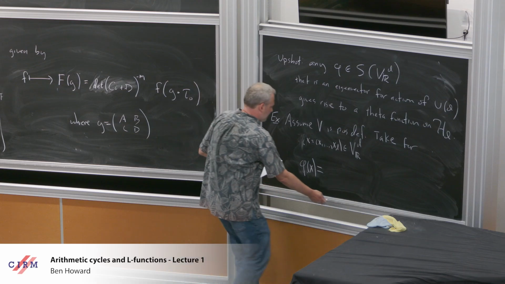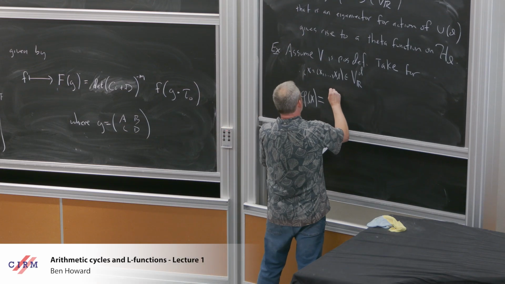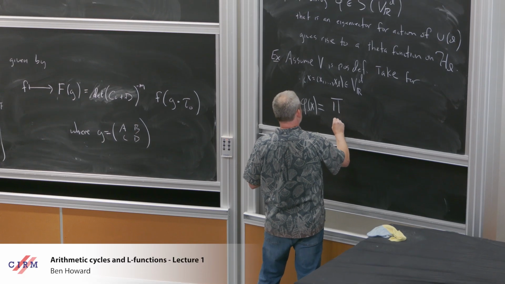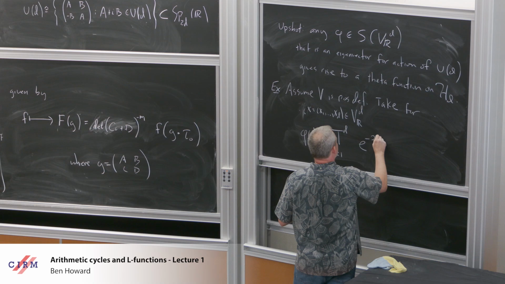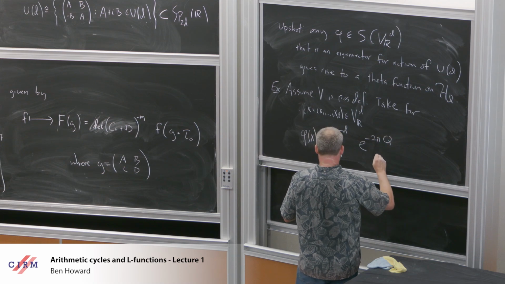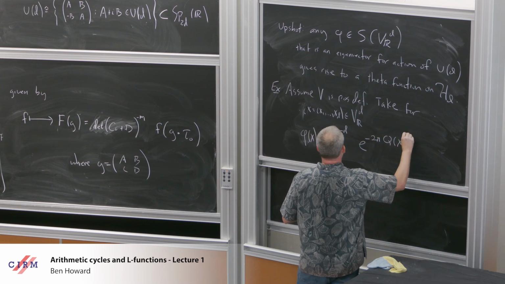So the product from j equals 1 to d of e to the minus 2 pi times the quadratic form on x_j.